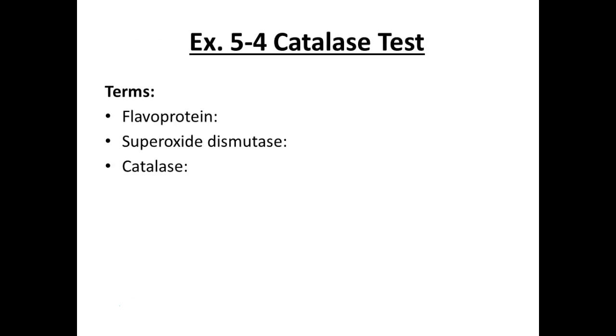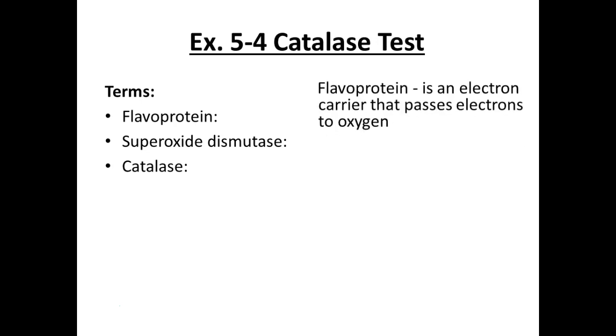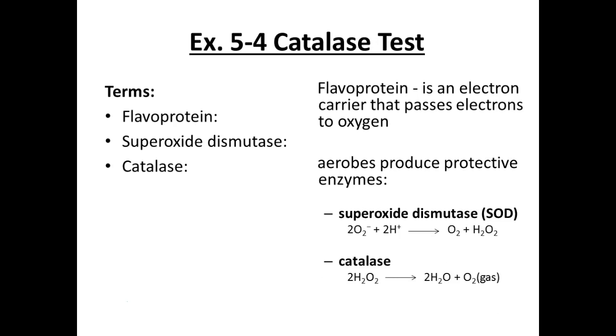Last test, catalase. This is one of my favorite ones, though. So, flavoprotein is an electron carrier that passes electrons to oxygen. And this is one of the ones that screws up sometimes and is going to produce those toxic forms of oxygen. So when that happens, we need enzymes that are going to destroy those toxic forms of oxygen that we saw earlier.